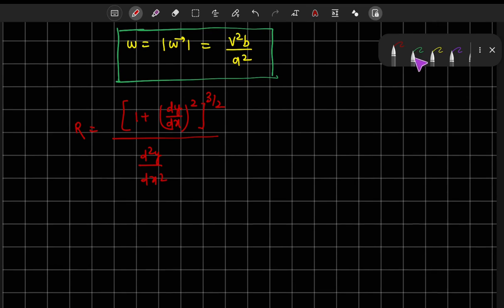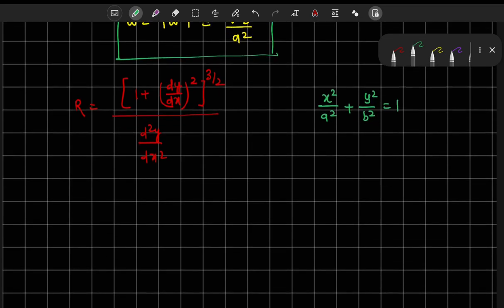And in this particular case, the equation is given as x square by a square plus y square by b square is equal to 1. And let us differentiate with respect to x. So we will get 1 by a square d by dx of x square plus 1 by b square into d by dx of y square is equal to 0.